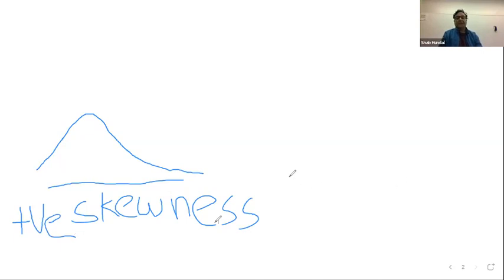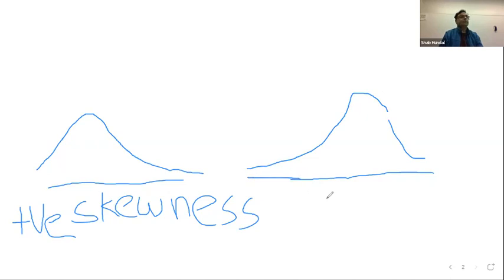And if I plot the data and it comes out that the right tail is very small, but the bulk of the data is lying on the left tail, you can call it left-tailed skewness, and we can call that data negatively skewed.